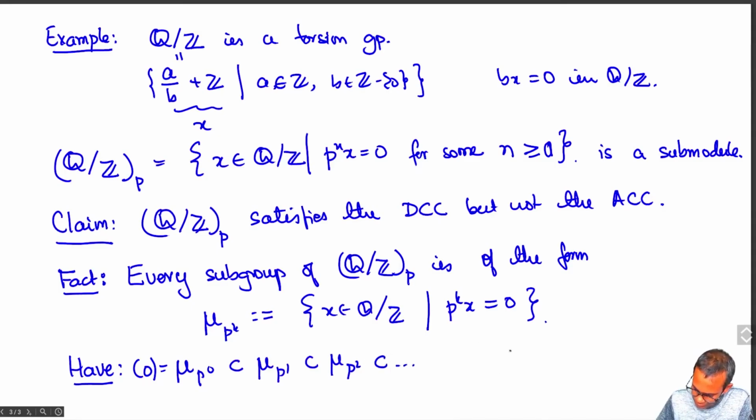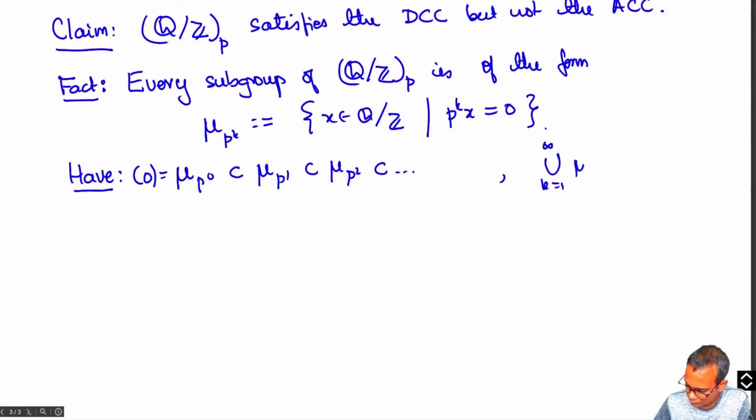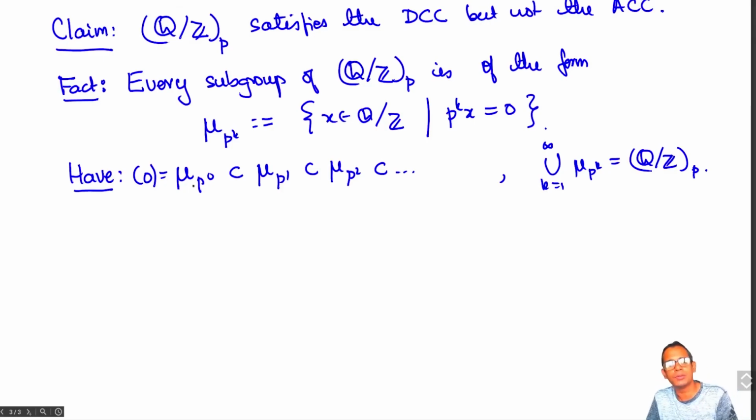And the union of these things is Q mod Z_p. So all the subgroups of this group Q mod Z_p form a single chain. And so if you have any chain here, it will just take terms from this.